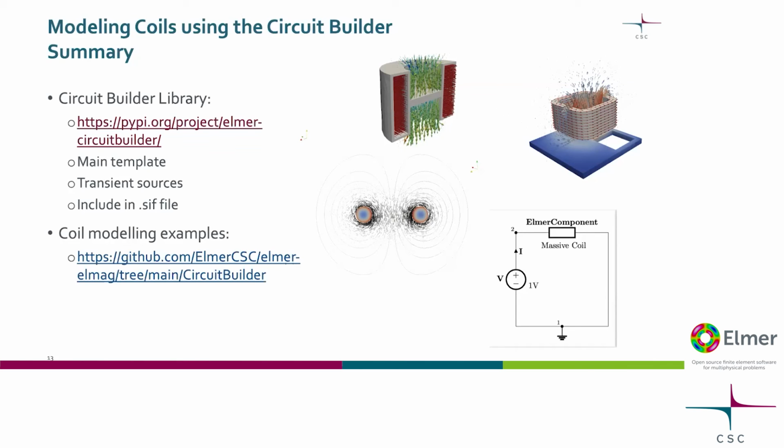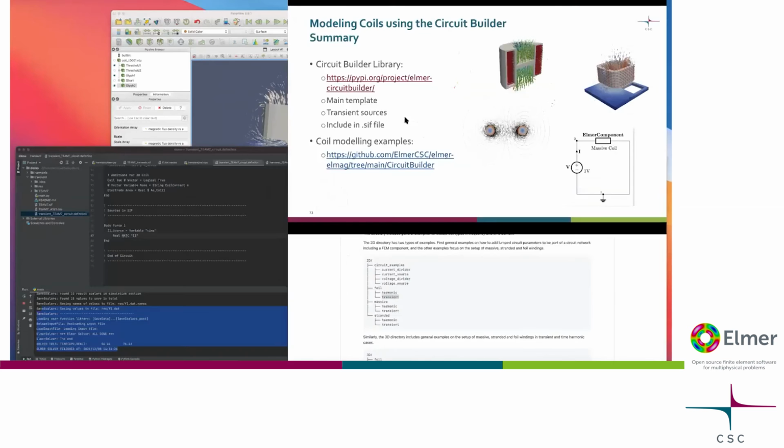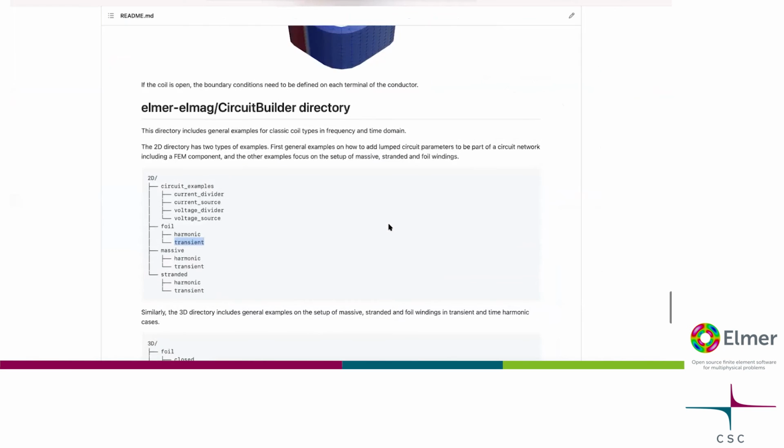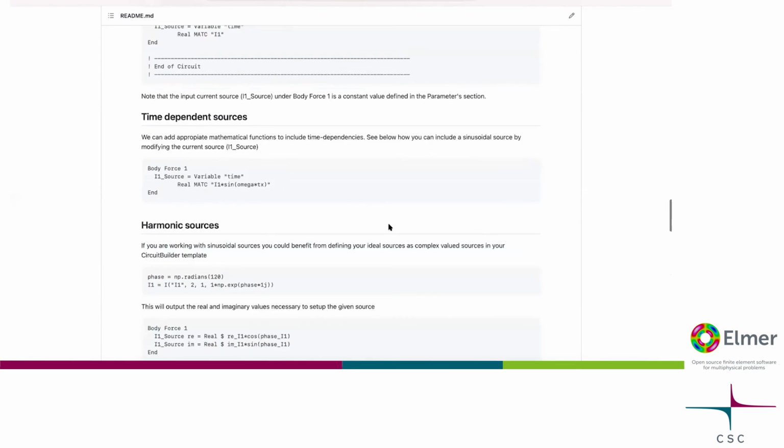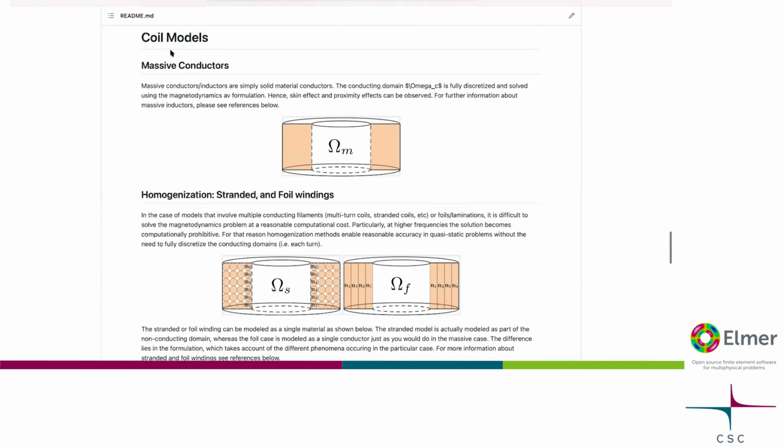Yeah. So how I set it up, it would be a replica of using an external current source. Basically how it works is that, and maybe I can show you rather, because I didn't talk about that because I didn't want to spend too much time on that. But basically when you're working with the coil models, the stranded and foil are actually homogenized.